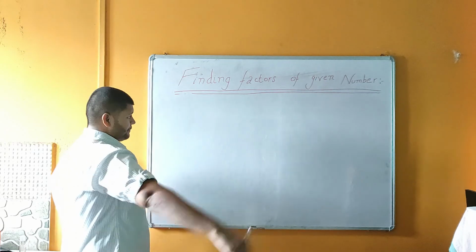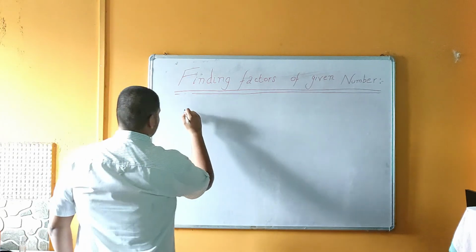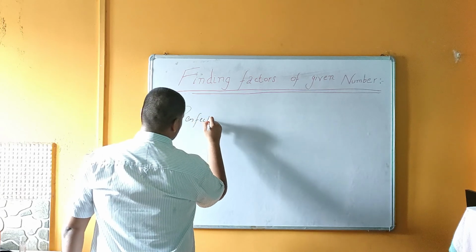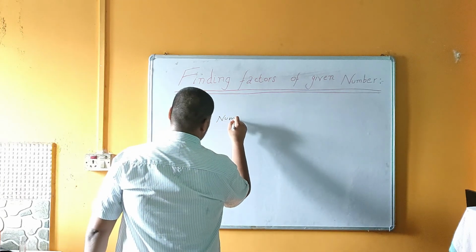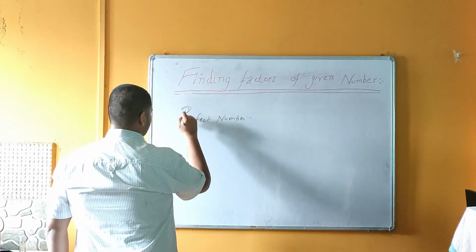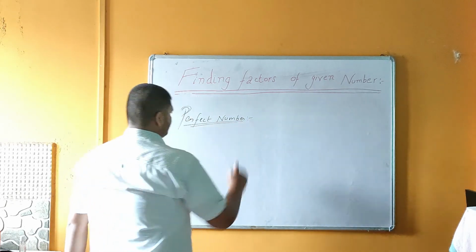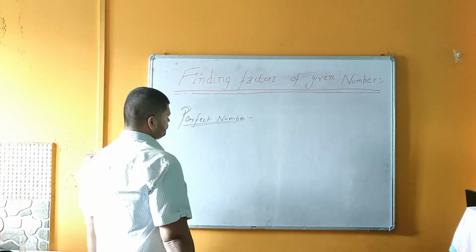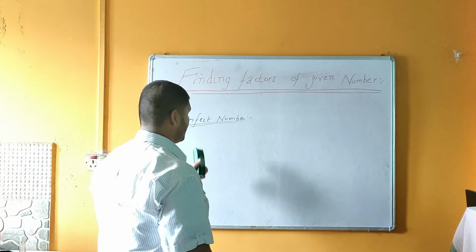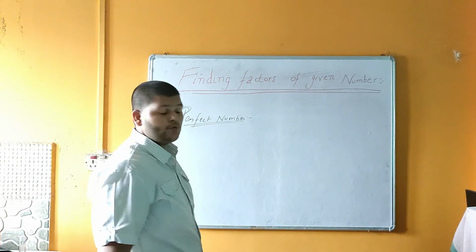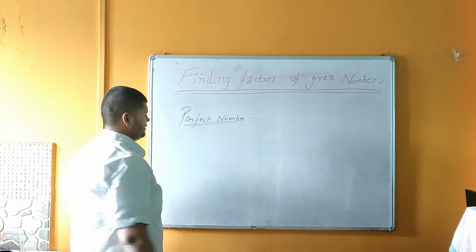Now the last topic, that is perfect number. So what is a perfect number? We will understand this perfect number with the help of an example.